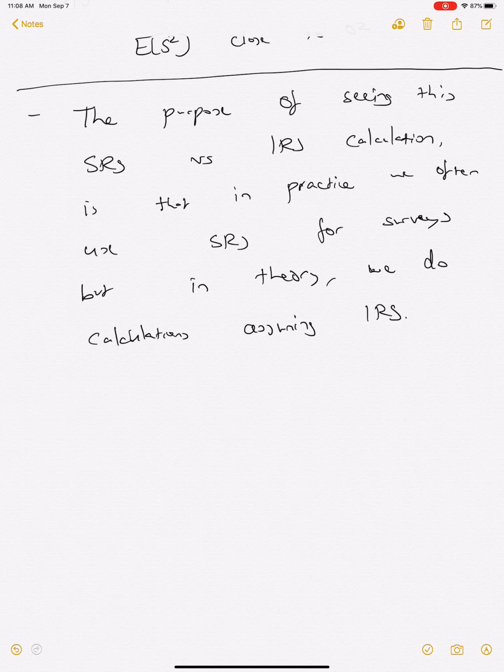And so we can see that if little n is much less than big N, IRS is a good approximation to SRS.